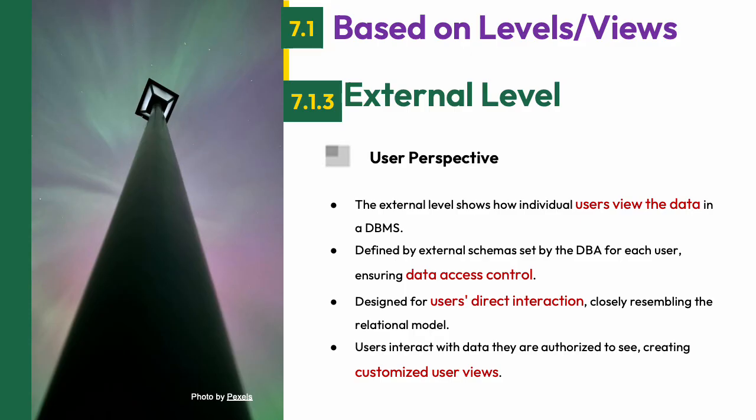The customer service representative can view customer information and sales history, but cannot update sales records. So the DBA sets up the external schemas for each of these roles to ensure that they have access only to the data they need.